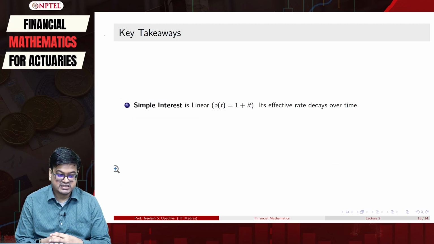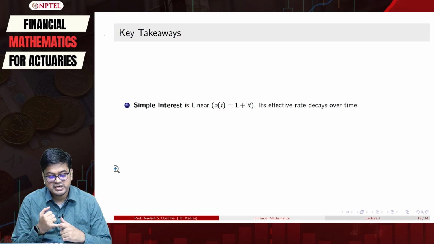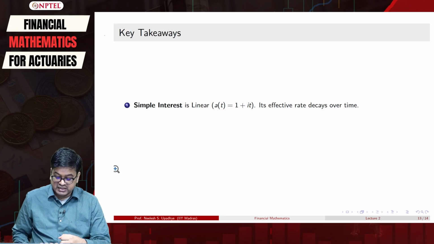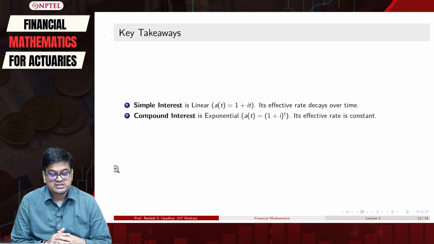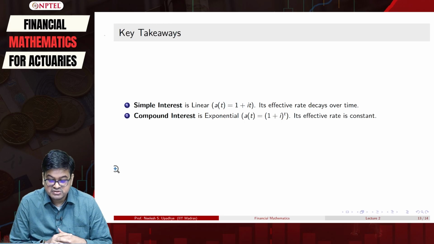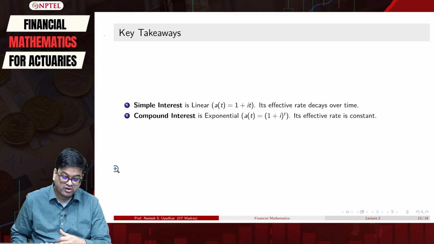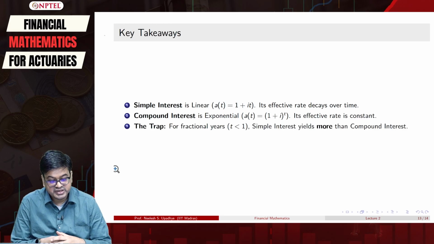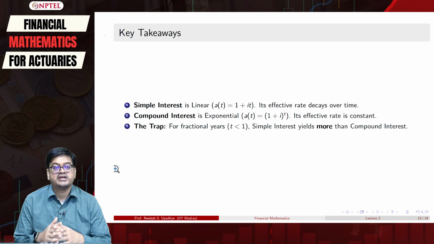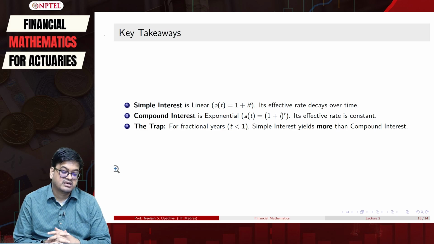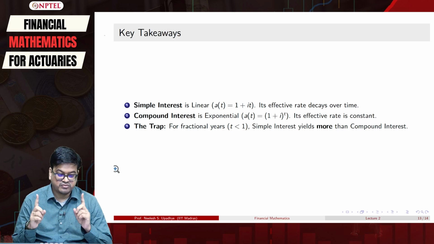So, key takeaways are: simple interest is linear, its effective rate decays over time, as I have shown in one of the slides. Compound interest shows exponential growth, its effective rate is constant, it does not decay, and that is why you will always choose compound interest whenever the time period is greater than 1 year, or one time unit, one period.